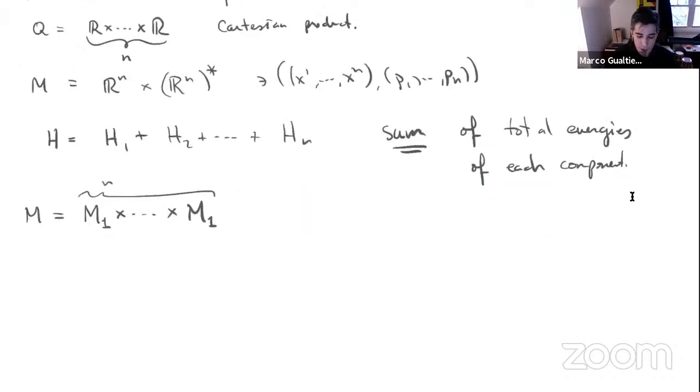And you see how this has n projections to M1. What we're doing is taking the function h, where each one of these has a function h on it.